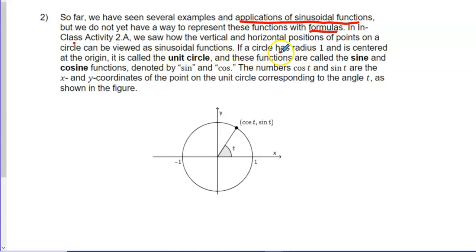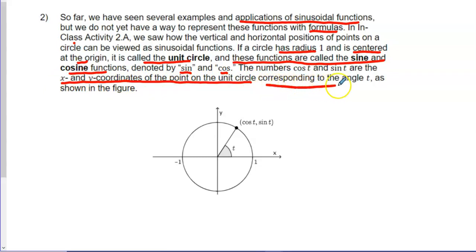If a circle has radius 1 and is centered at the origin, it is called a unit circle. And these functions are called the sine and cosine functions, denoted by sin and cos. The numbers cos t and sin t are the x and y coordinates of the point on the unit circle corresponding to the angle t as shown in the figure.